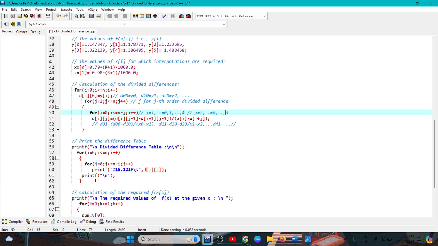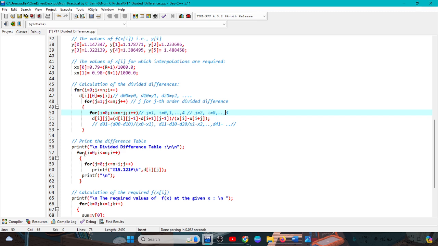So now print the divided difference table. For i equal to 0, i less than or equal to n, i plus plus, j equal to 0, j less than or equal to n minus i, j plus plus, print percentage 15.12 lf, lf meaning long float, that is double, because d is a double variable, d i j.